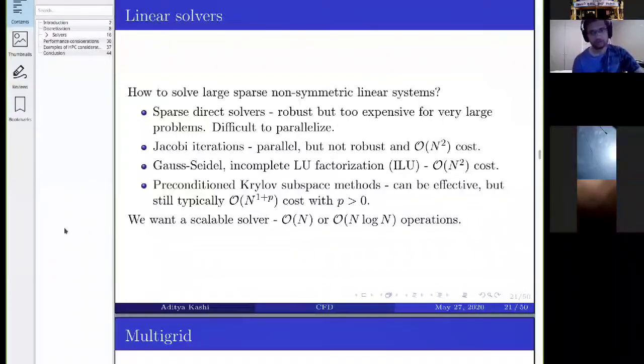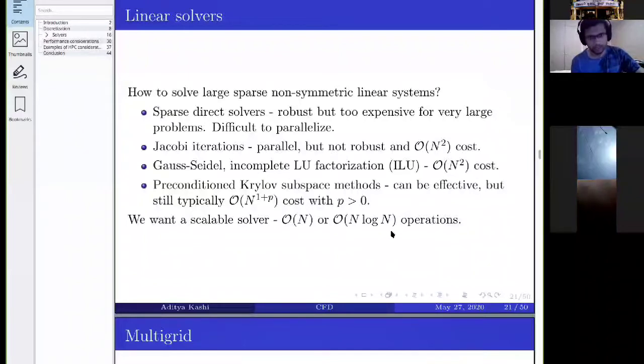Now we can use what are called preconditioned Krylov subspace methods. It will take a lot of time to go through the Krylov subspace methods, but essentially, they try to find a solution by solving an optimization problem in some subspace of the entire n-dimensional space that we want to solve it in. So it computes optimal approximations step by step in larger and larger subspaces.